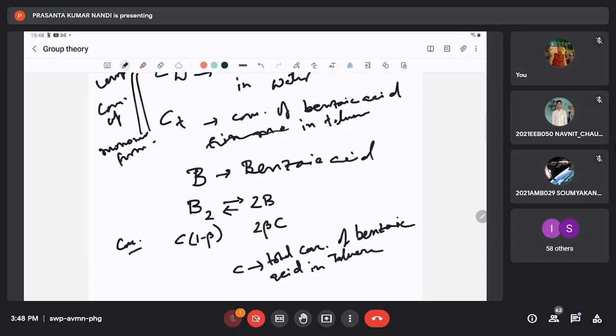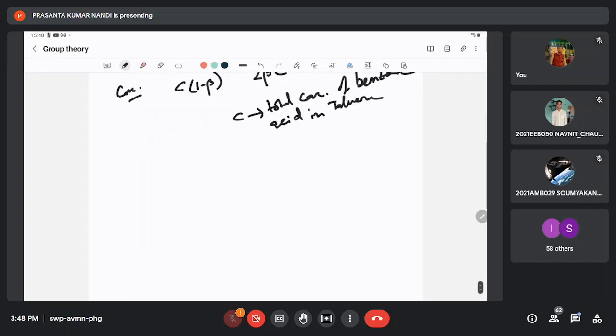Okay. So what is the concentration of dimer? What is the concentration of monomer? It is clear. So what is the equilibrium constant?